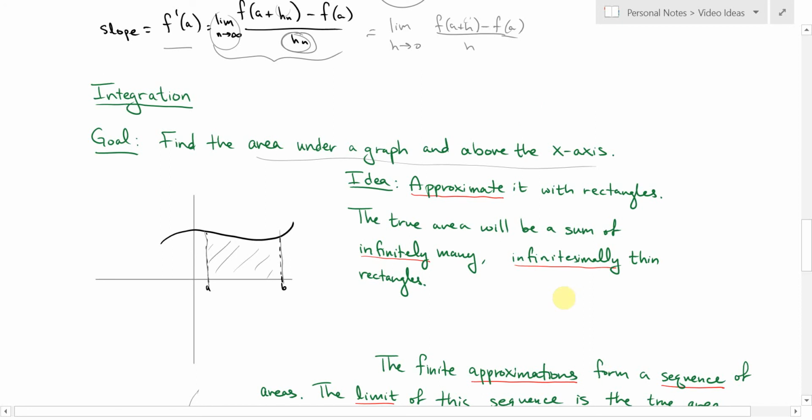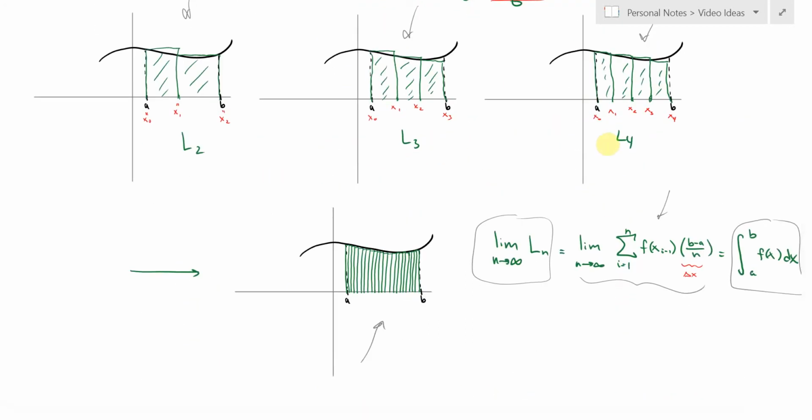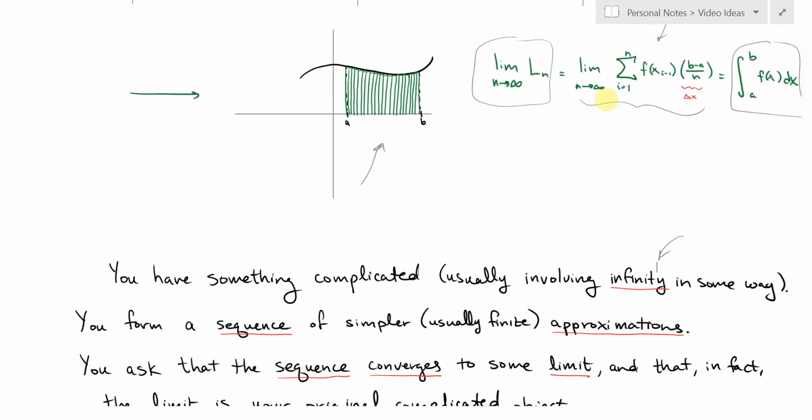So there's usually something complicated. Oftentimes it involves infinity. And your goal is to form a sequence of simpler things. So if those were infinity and that's why they were complicated, then this will usually be finite in some way. Simpler approximations to that complicated object, and the point of this sequence is that it should be a better and better approximation with each passing term in the sequence.